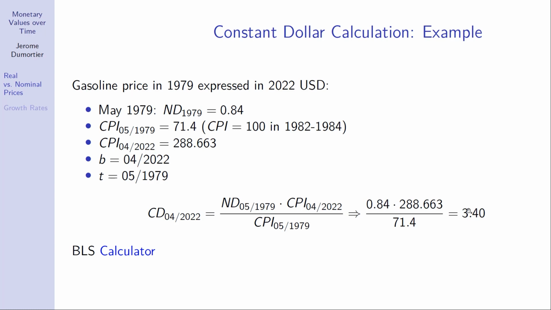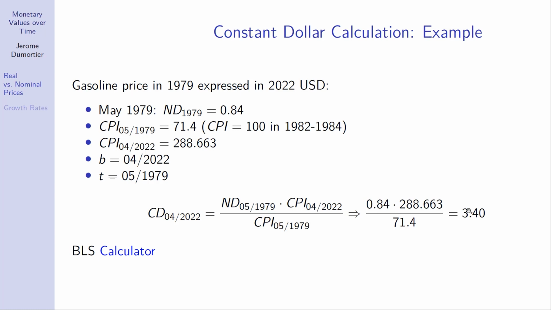And we see that the gasoline price that was 84 cents in 1979, that in today's dollars is actually $3.40. Okay? So this puts the increase in gasoline prices in perspective.